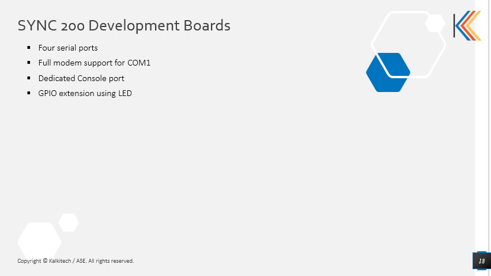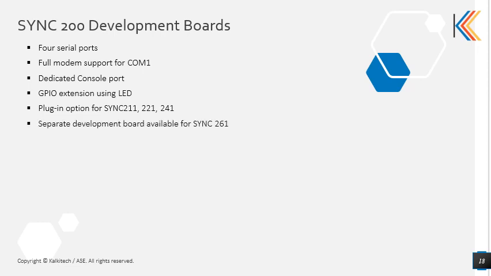A dedicated console port, GPIO extension and LEDs are supported. Then there is a plug-in option for 211, 221 and 241, and a separate board for 261 development board testing. Then there is an onboard and external RTC option, a wide power range for powering the board, and test points to carry out various tests.